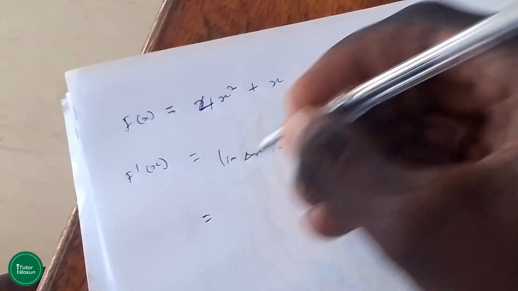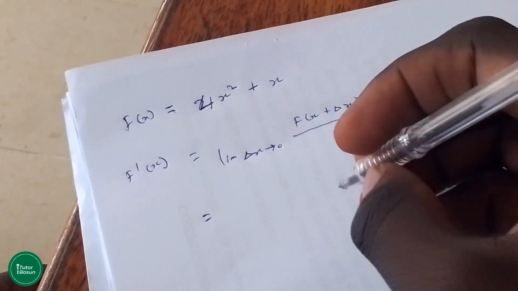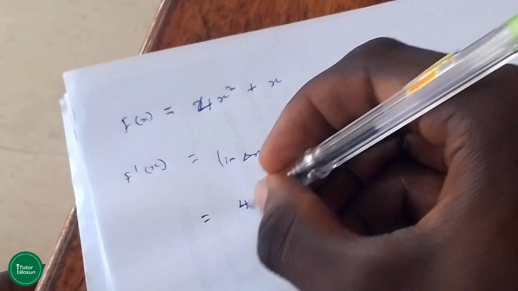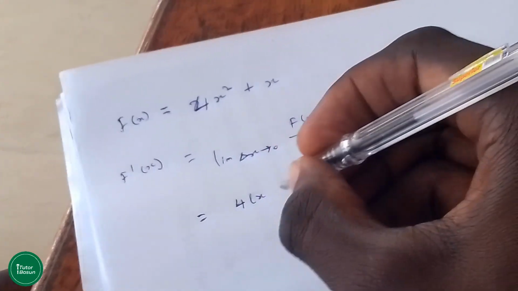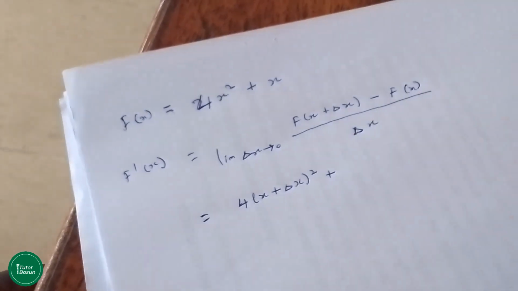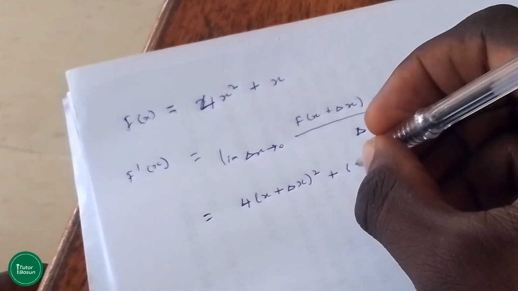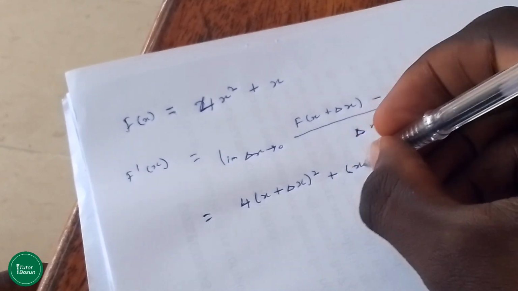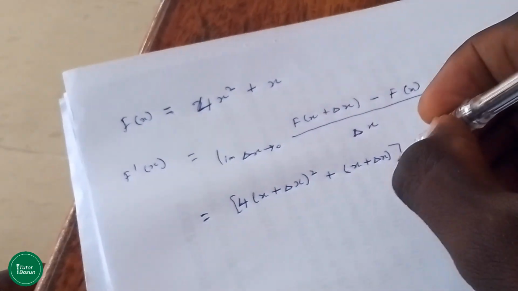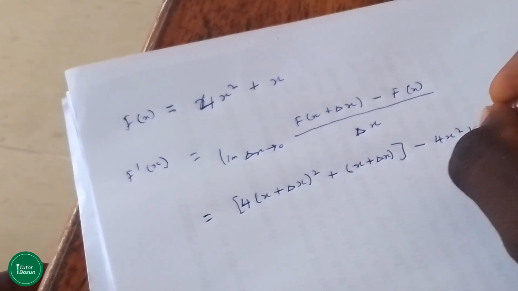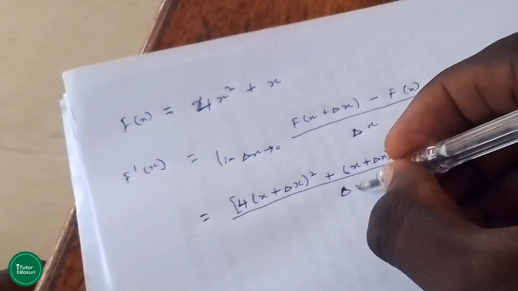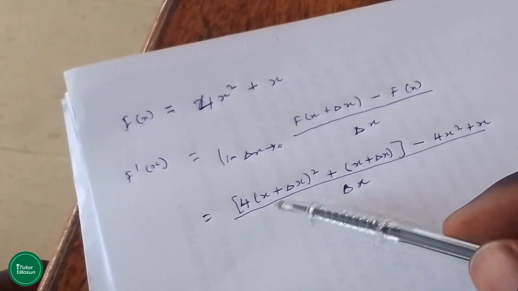And in this case, our f of x plus delta x is giving us 4 times x plus delta x squared plus x plus delta x, minus 4x squared plus x, all over delta x. Then we have to expand this.